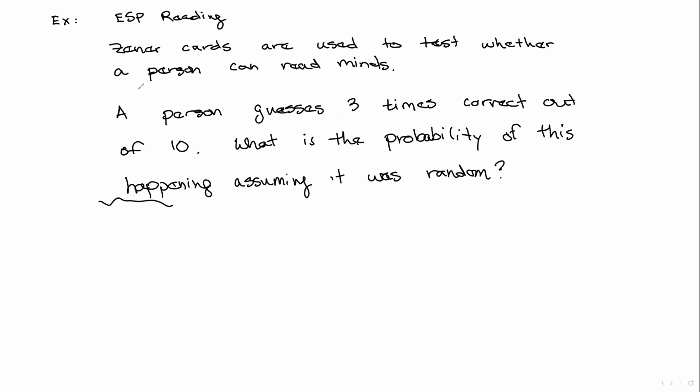But what we are going to look at is, does this satisfy the conditions of the binomial distribution? So could we go through and model this situation using a binomial distribution?